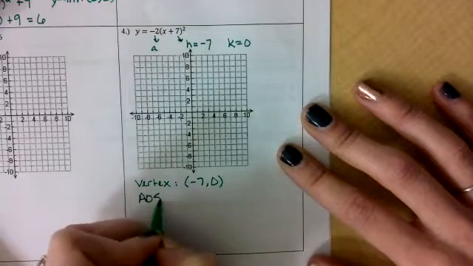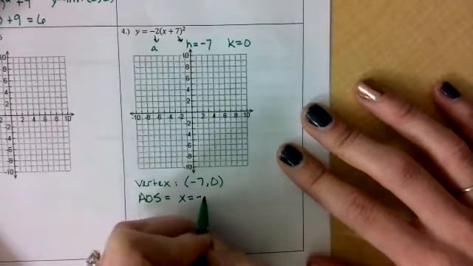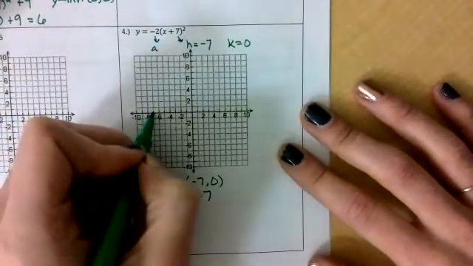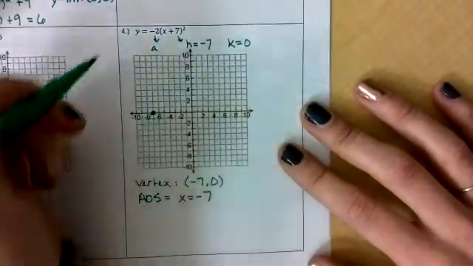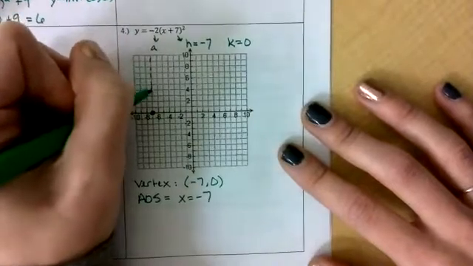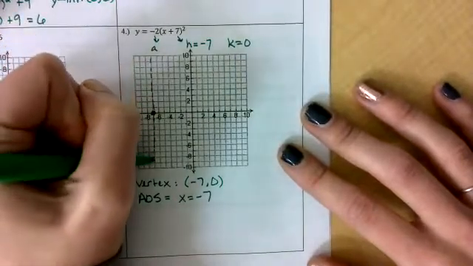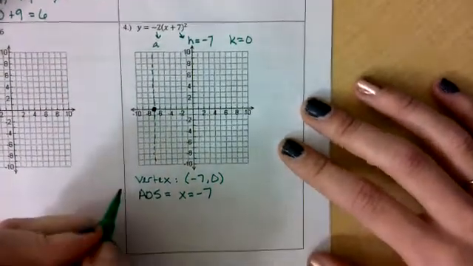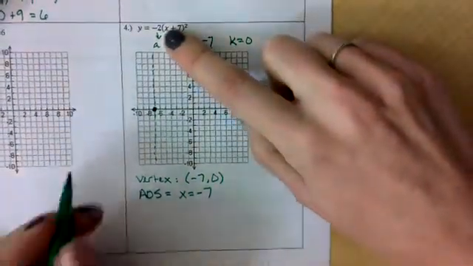My axis of symmetry is x equals -7. And I can start to plot this. So -7, 0 is right there. My axis of symmetry will go through that. Okay. So for my y-intercept, I'm going to set x equal to 0.